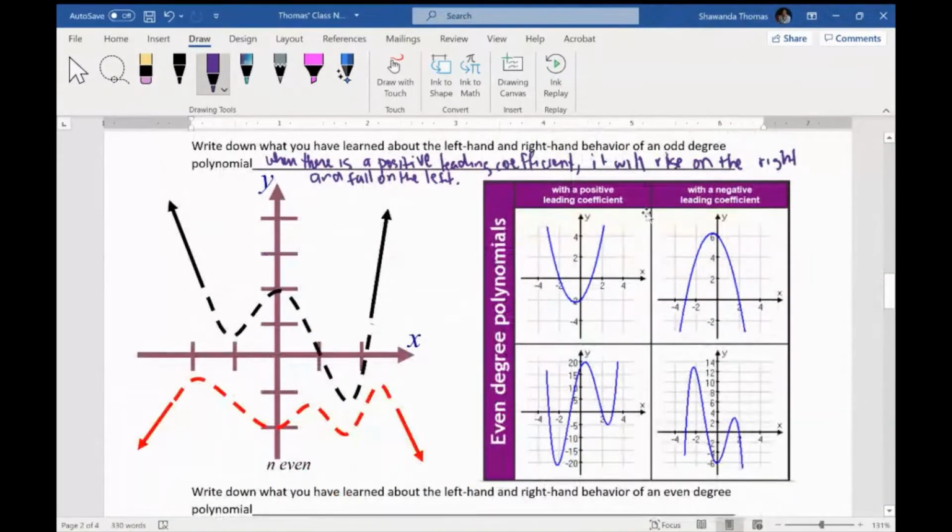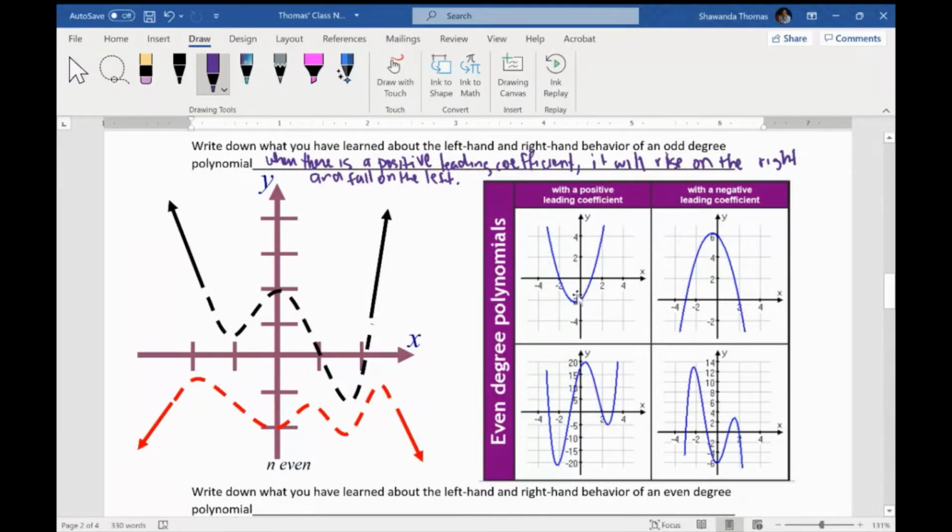If it's a positive leading coefficient, notice that it's rising on the left and rising on the right. And obviously, this looks more like a quadratic, an x squared one right here, because it's a parabola.